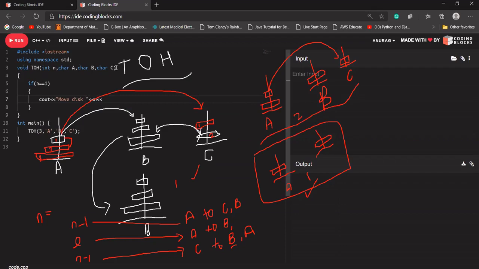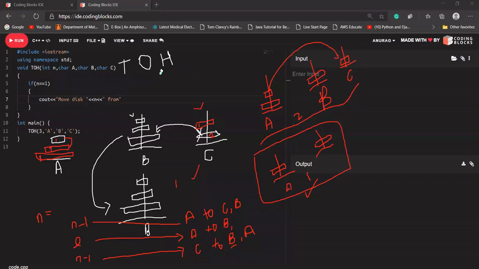Let's say if n is equal to 1, I can write directly moving disk n from A to B. I hope up to here it is clear, because we are not doing anything.